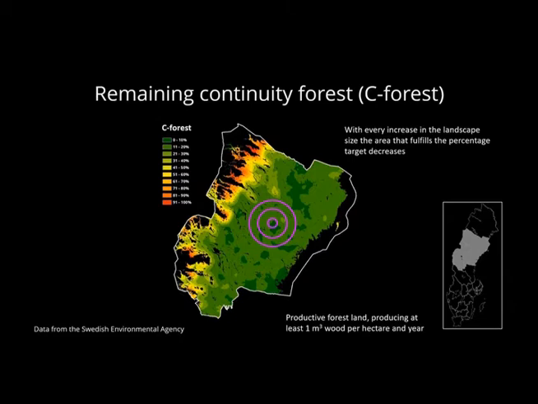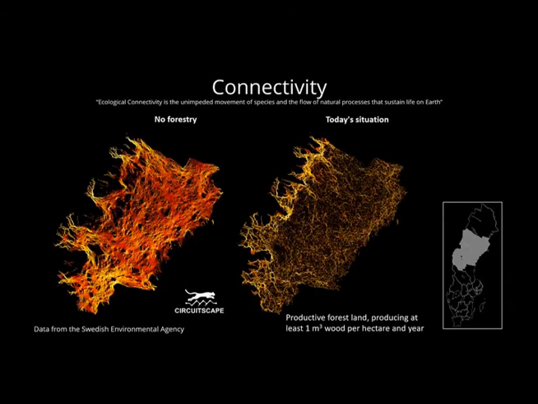I also did a little run with a tool called Circuitscape, which uses circuit theory, like a current of electricity going through a landscape with, in this case, continuity forest. This tool is widely used on big landscapes. It gives very illustrative results.